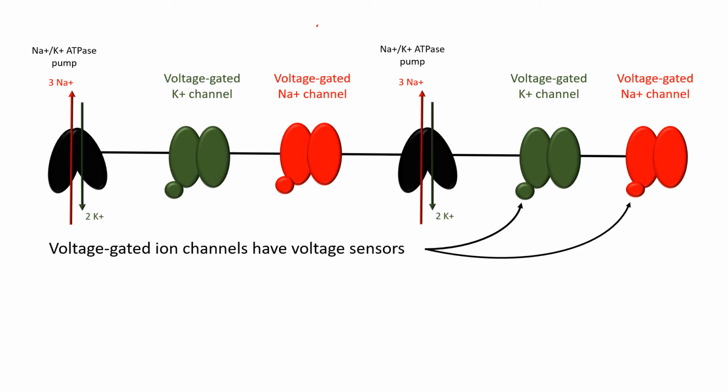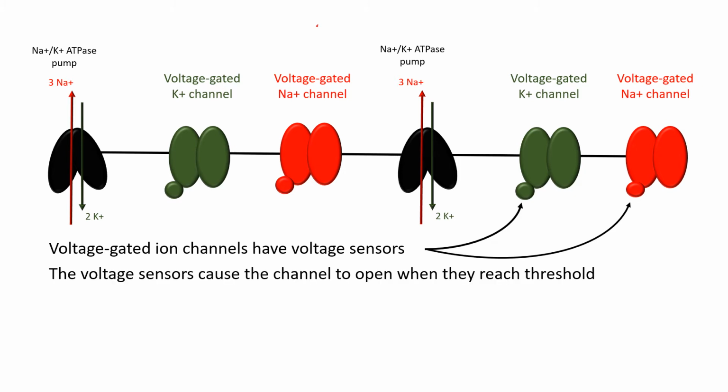As we said, these are all voltage-gated ion channels, and they all have voltage sensors. The thing about voltage sensors is that they have a point at which they will open the channel, and that point is called threshold. The threshold can be varied a little bit, but in terms of an action potential in a neuron, for example, or a skeletal myocyte, we tend to talk of an average figure.